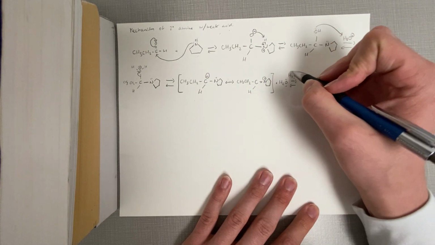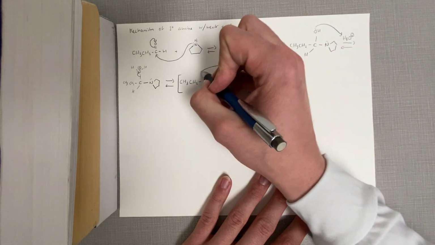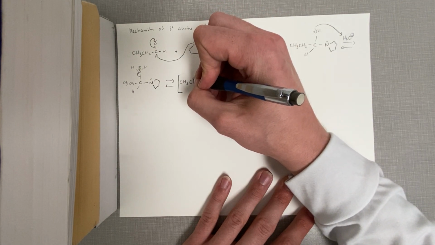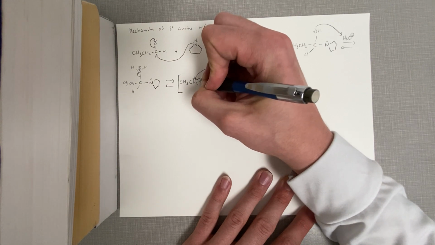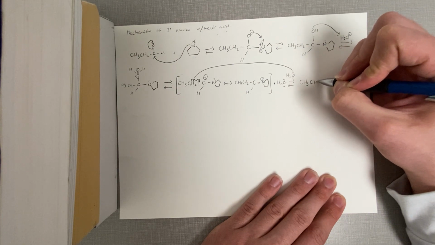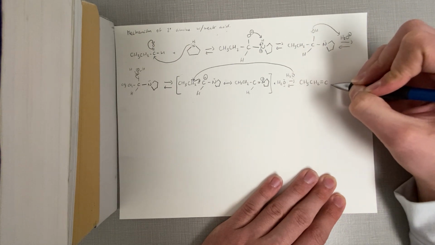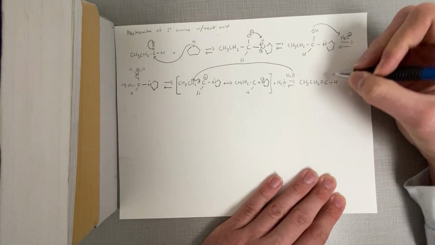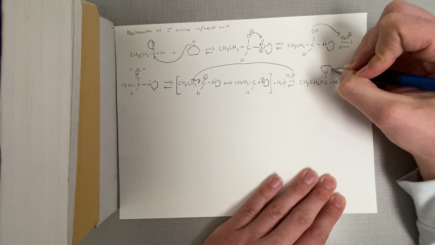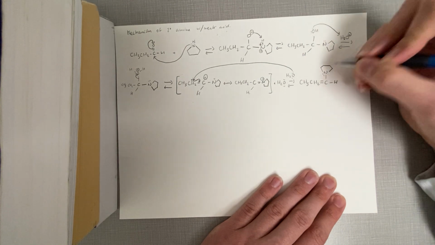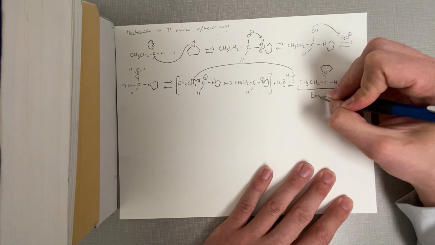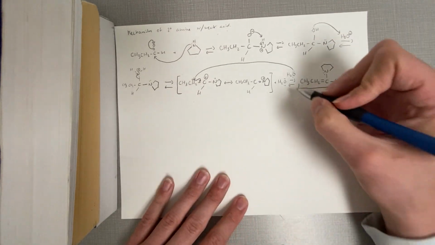So what it's going to look like is this lone pair is going to attack this hydrogen, making its bond come right here, forming the final product, which is this enamine.